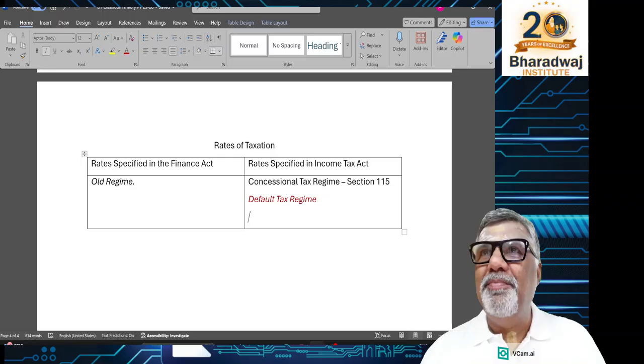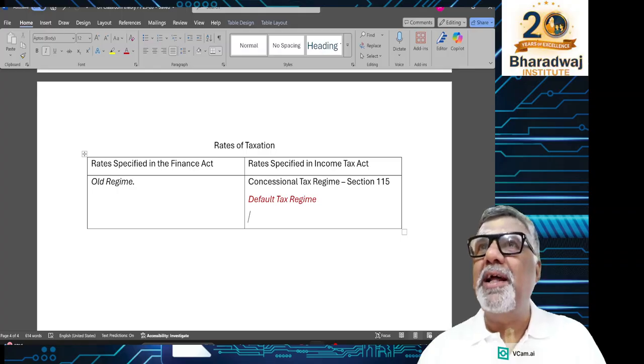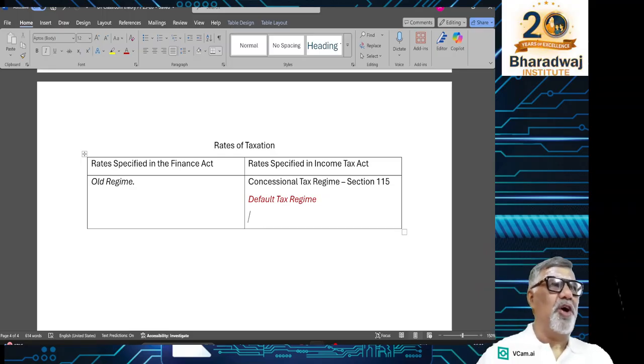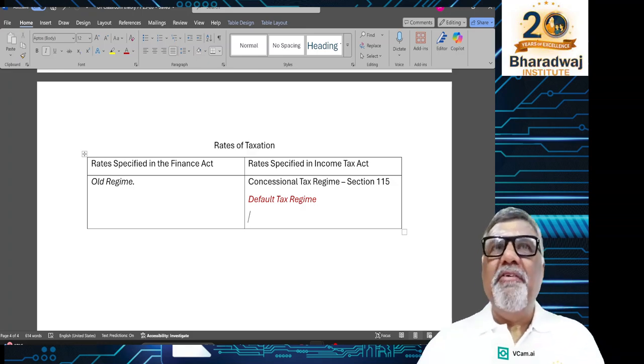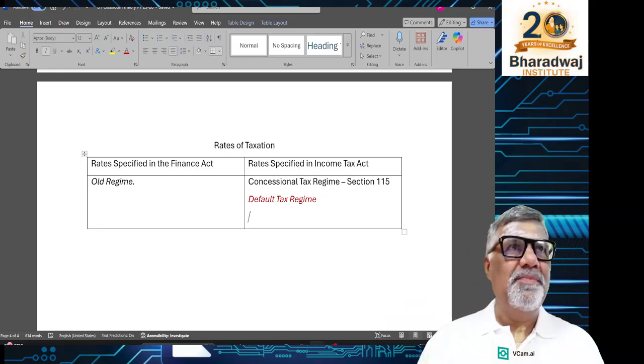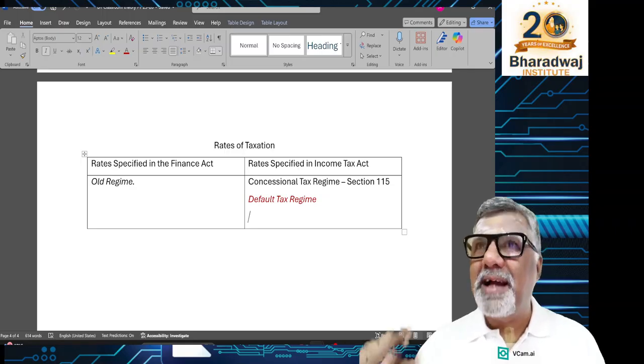You fill in that form, but do not choose the method, whether you want to go under the Finance Act tax regime or under the concessional tax regime. You have not specified. The law tells the employer to understand he is following the concessional tax regime. Where the assessee is silent, he will fall under the concessional tax regime.